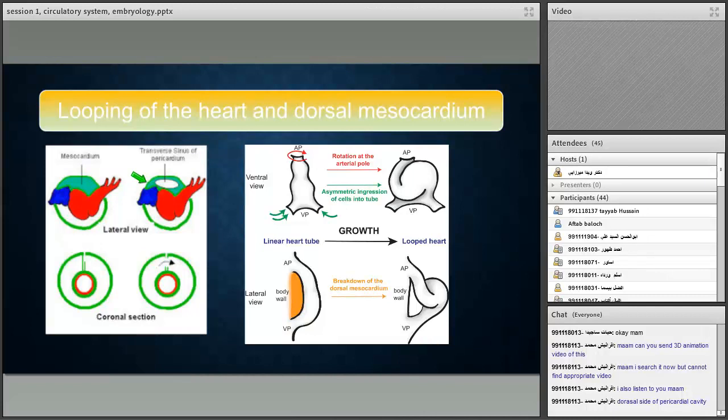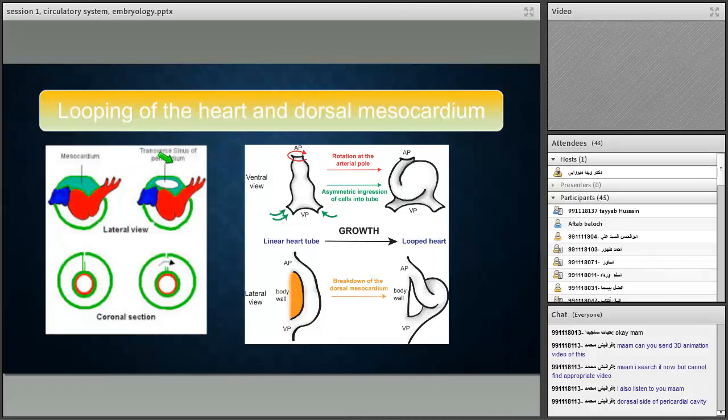The heart is connected on both sides to the pericardial cavity. The hole which appears in the dorsal mesocardium is called the transverse sinus of the pericardium.